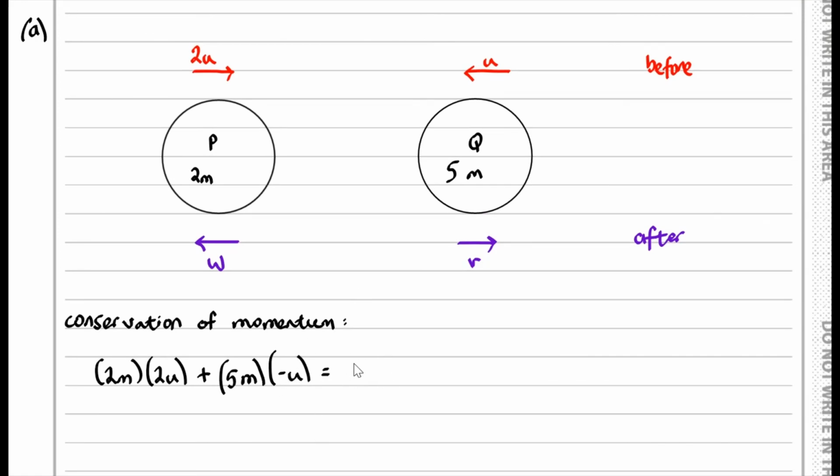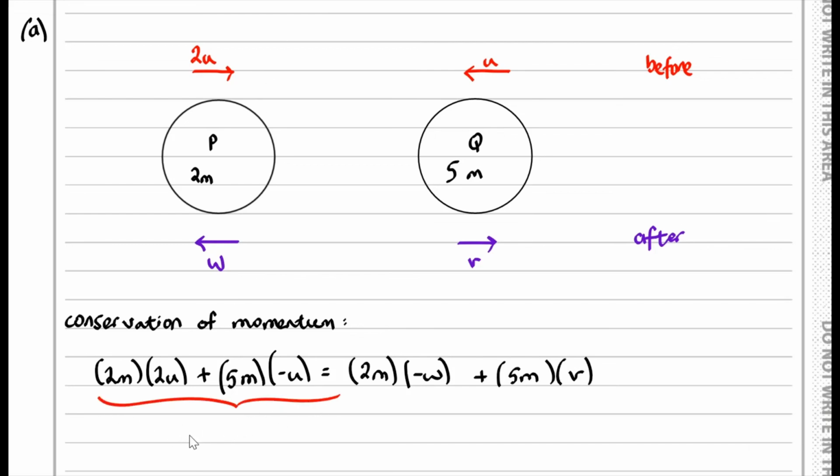And afterwards, if we consider P, we've got 2m lots of minus w, and then we've got 5m lots of v.